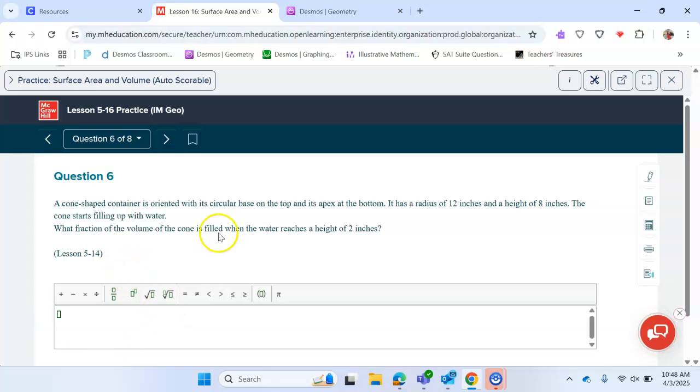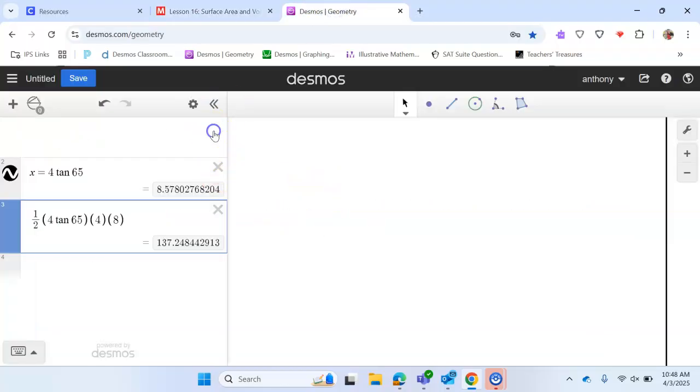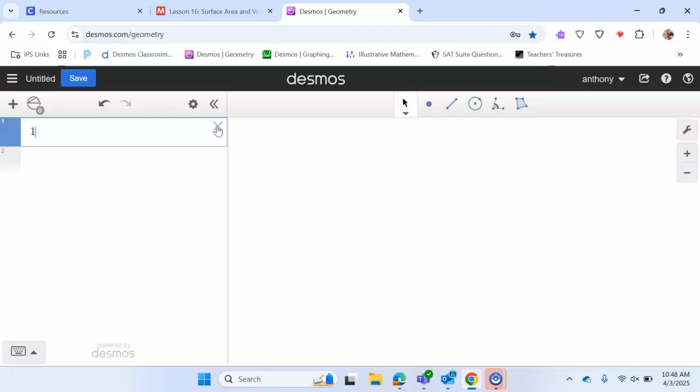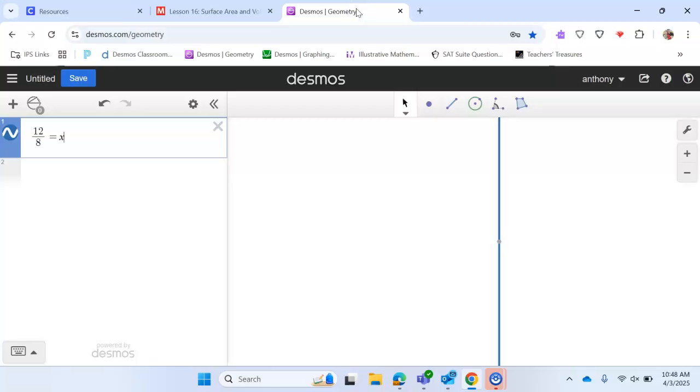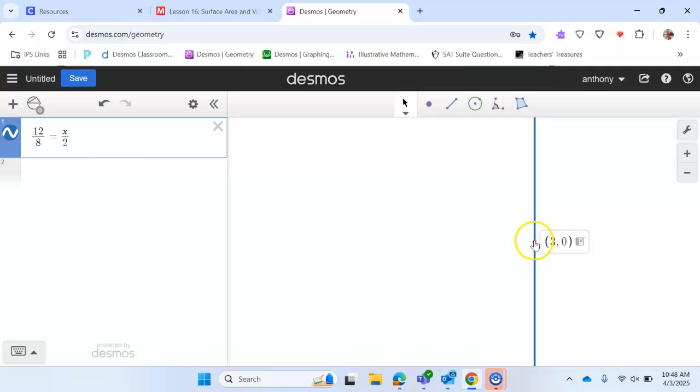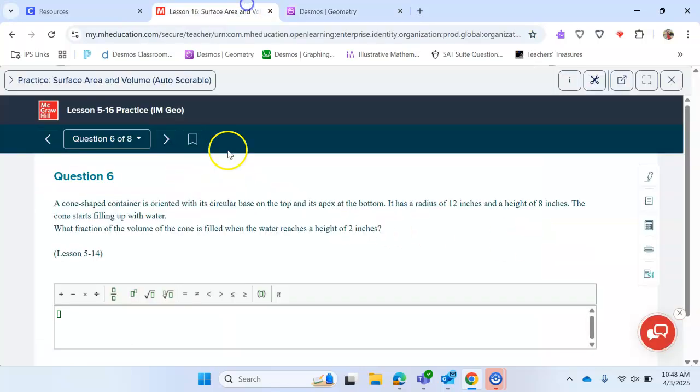If we have 12 over 8, so it has a radius of 12 and a height of 8. If it has a height of 2, it would be x over 2. And you should be able to see that's 3. So its radius would be 3.